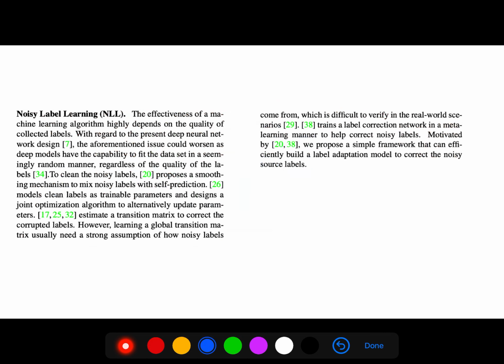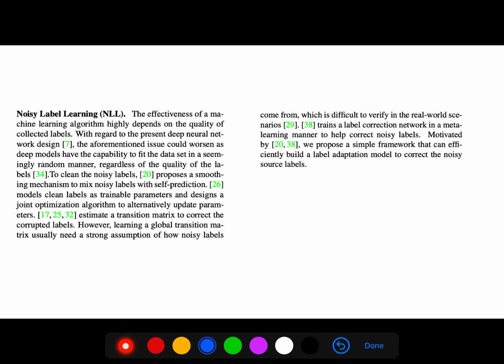Noisy label learning. The effectiveness of the machine learning algorithm highly depends on the quality of the collected labels. With regard to the present deep neural network design, the aforementioned issue could worsen as deep models have the capability to fit the dataset in a seemingly random manner, regardless of the quality of the labels.